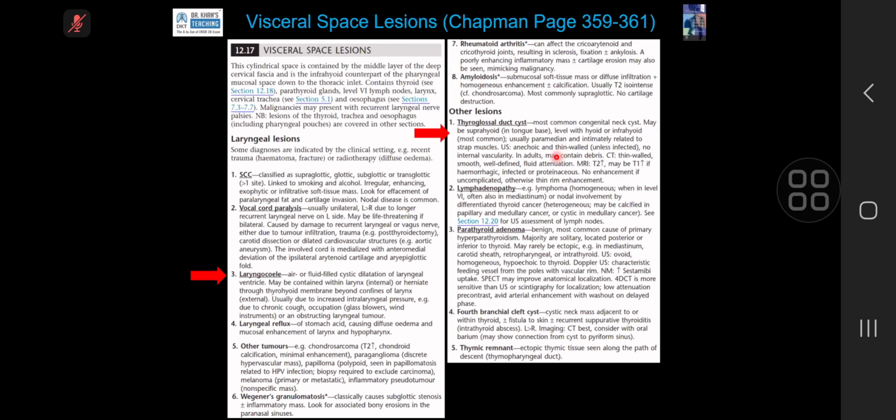There is a foramen cecum there, and from there the thyroglossal duct extends to the pyramidal lobe of the thyroid, takes it or descends it down into the neck. After birth, the thyroglossal duct involutes, but sometimes that does not happen completely. And later in life, it can present as cysts.